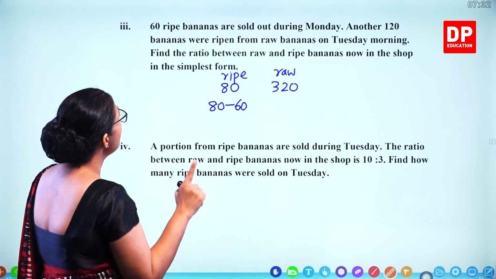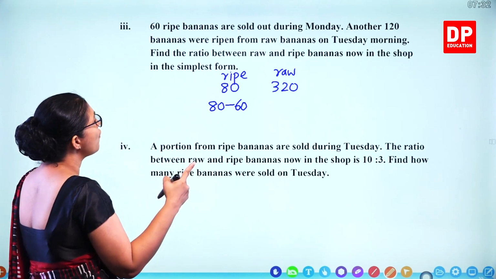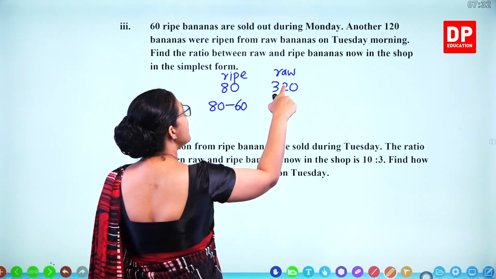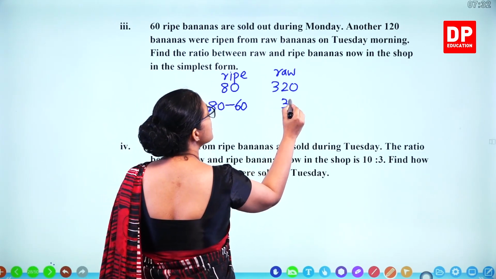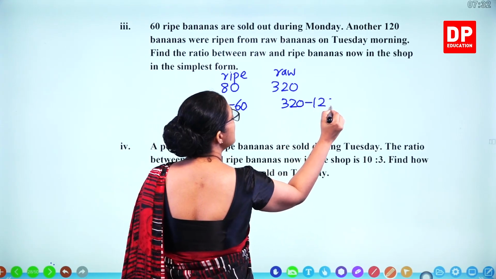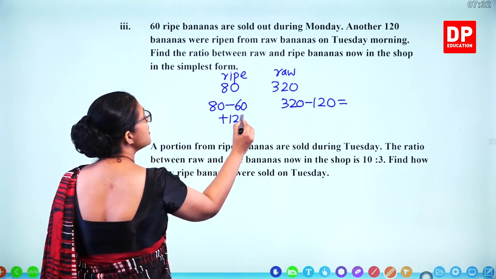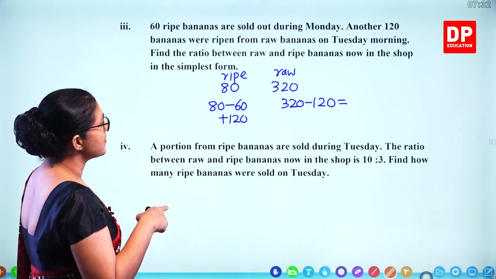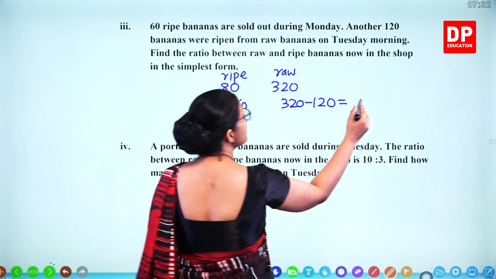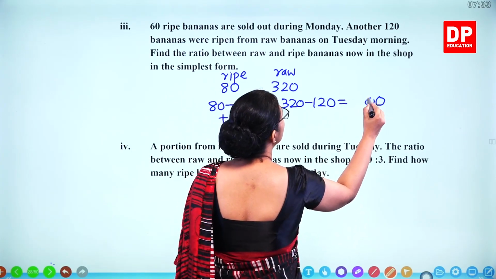Then 120 bananas were ripened from raw bananas on Tuesday. Now you have to subtract here 120 and then here you get 120 ripe bananas. So raw ones now 200.